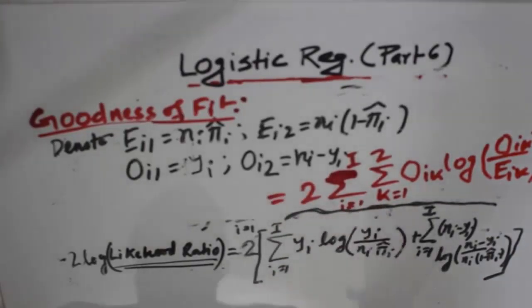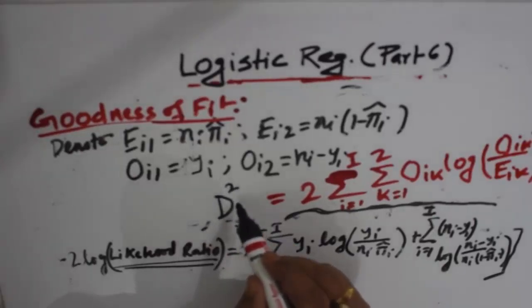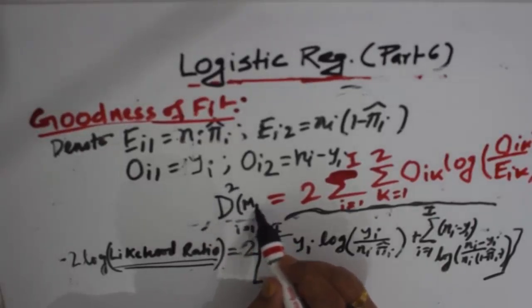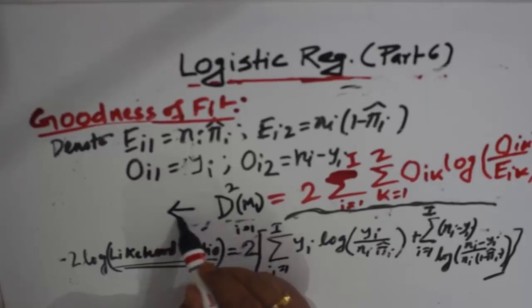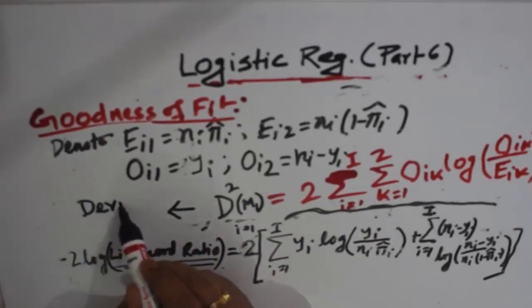So 2 times the sum over I from 1 to capital I, k from 1 to 2, of O I k log O I k by E I k, and we denote this by D squared M1, and this is called deviance.